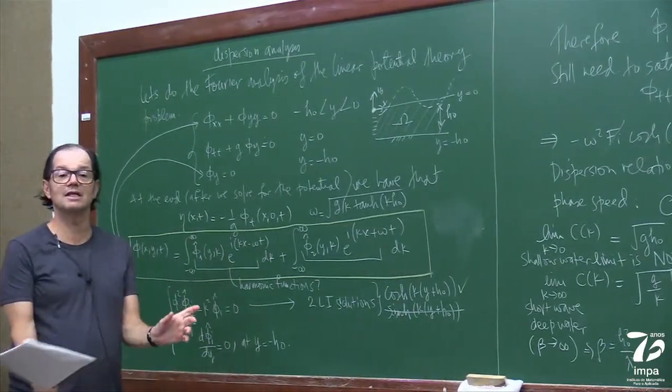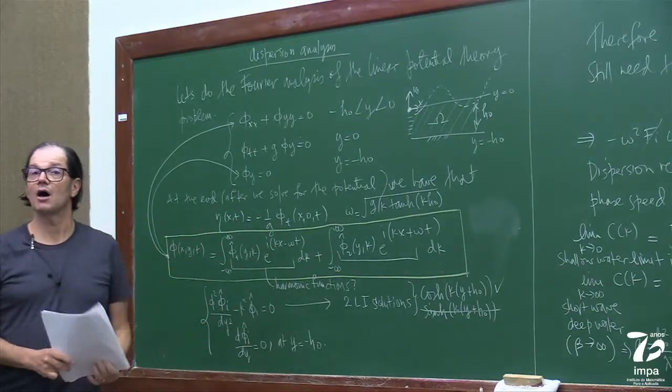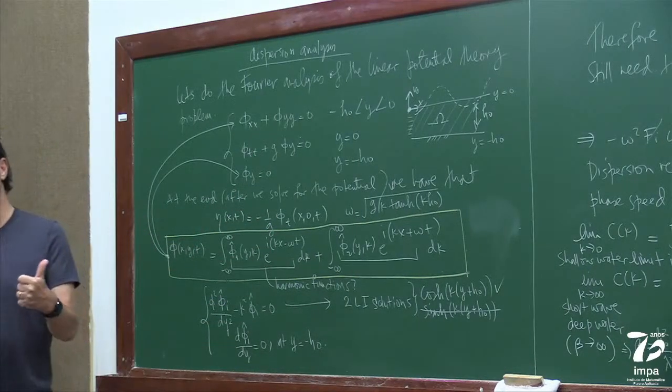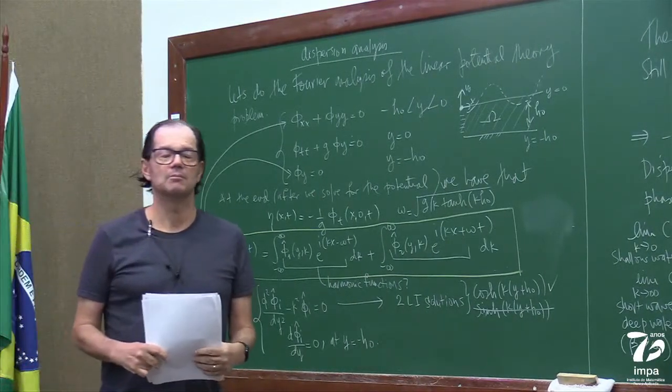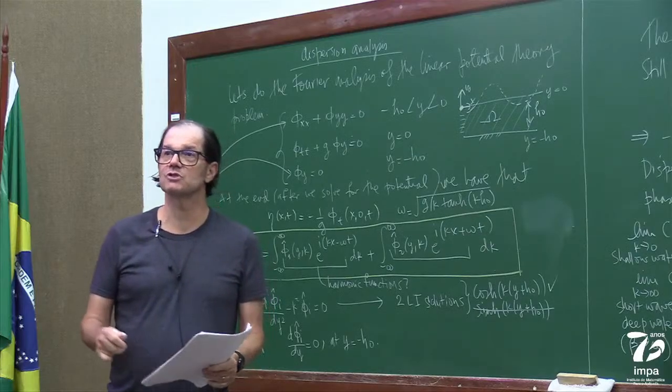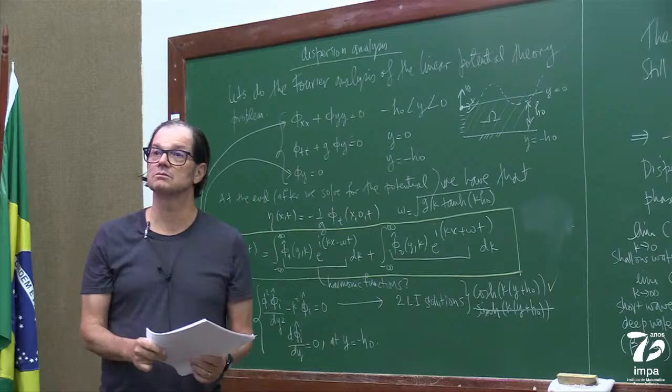Now look how the linear problem, this problem that looks quite simple, is easy to solve formally, but it's very hard, namely impossible, to get a closed expression for the solution.